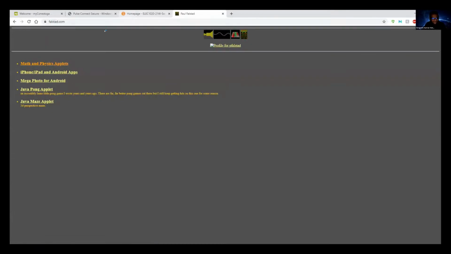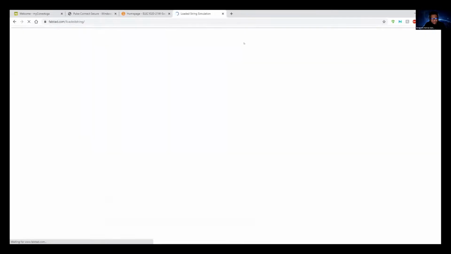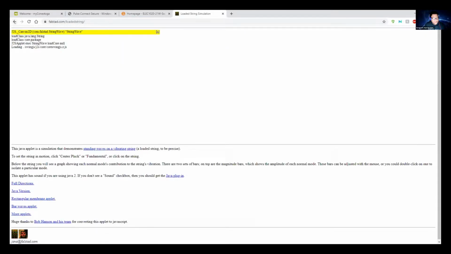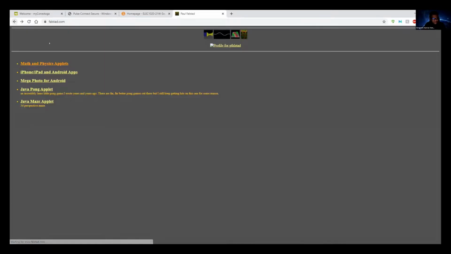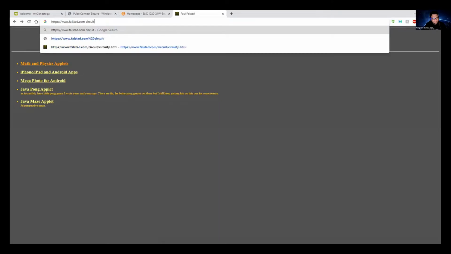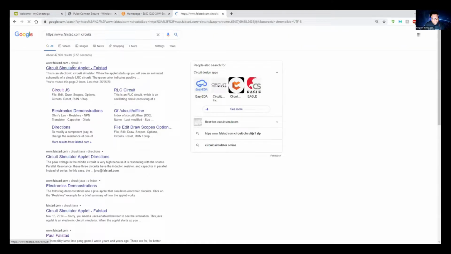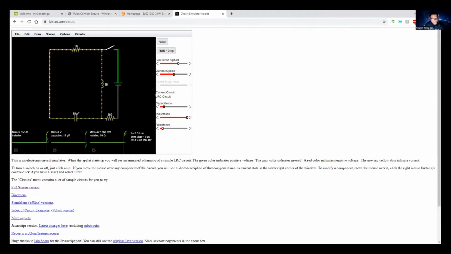So if you go to Falstad, okay, let me see if I get the right one. When you go to Falstad, you can see a simulation with little yellow dots, and we are going to do one of those today.